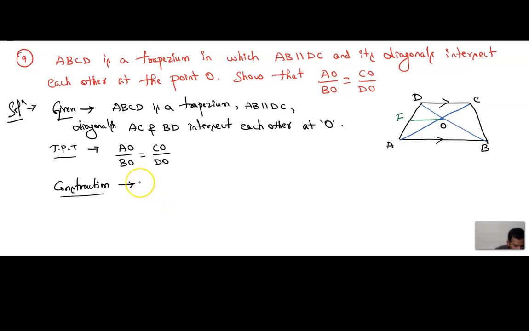So for the construction you can write like this: through O, draw OF parallel to CD and also parallel to AB.